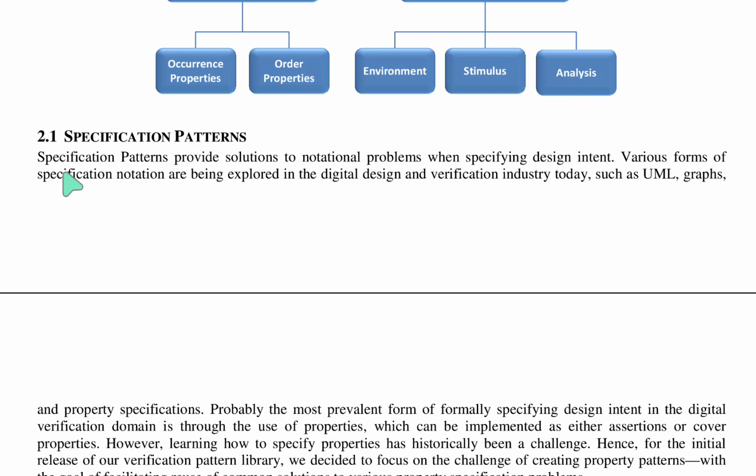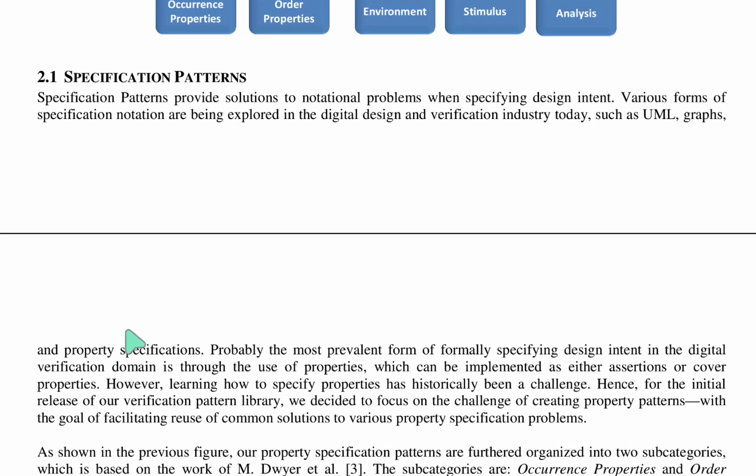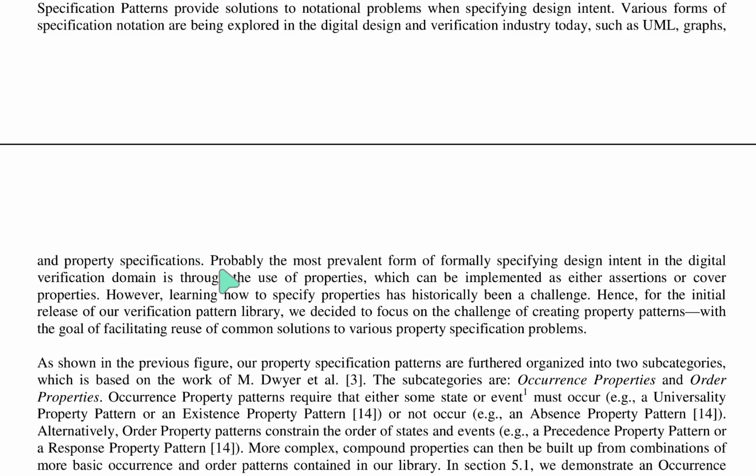Various forms of specification notations are being explored in the digital design and verification industry today, such as UML, graphs, and property specifications. Probably the most prevalent form of formally specifying design intent in the digital verification domain is through the use of properties, which can be implemented as either assertion or cover properties.